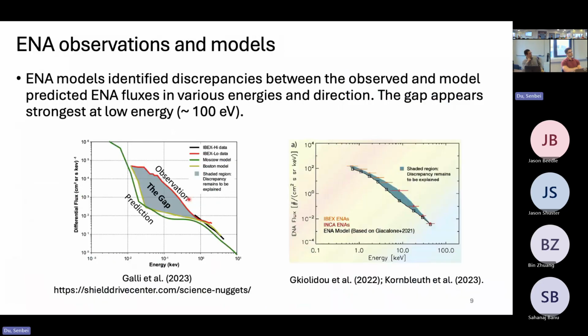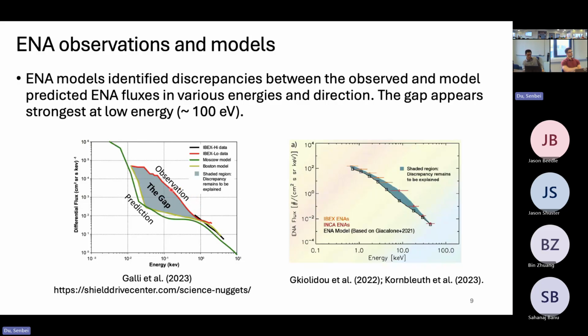And so an important observation is that there's a discrepancy between the observations and the ENA models. That's shown in these figures. Basically, the models significantly underpredict the ENA fluxes in many directions and energies.